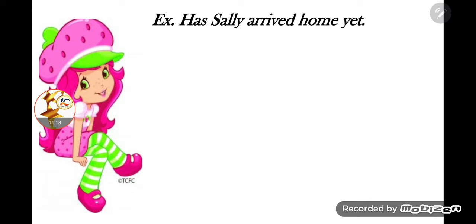Sometimes if your answer is yes, you cannot use "yet". If your answer to a question containing "yet" is yes and not no, then your answer is not negative, it is an affirmative sentence, so you can use "already" or "just". For example, has Sally arrived yet? And we don't forget the question mark.